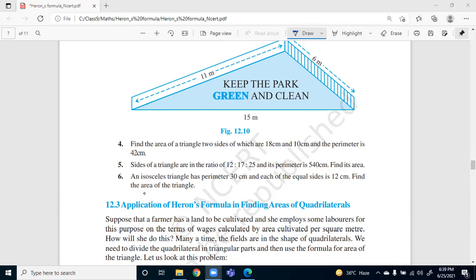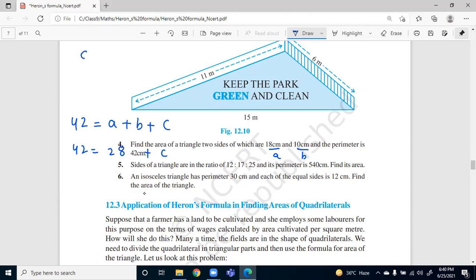Okay, so that is correct. Two sides are given. We can just write this is A, this is B, and we don't know C. So first of all, the perimeter is A plus B plus C. If you substitute the values of A plus B, 18 plus 10, that comes out to be 28.